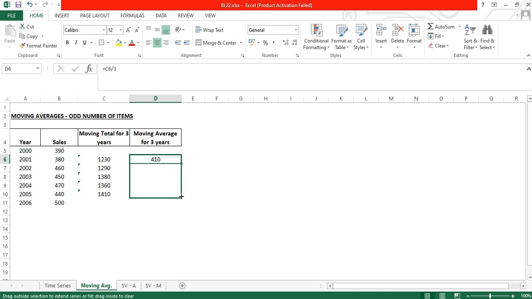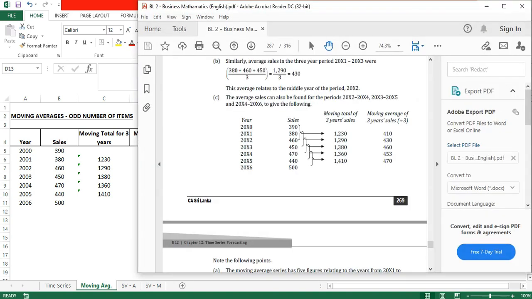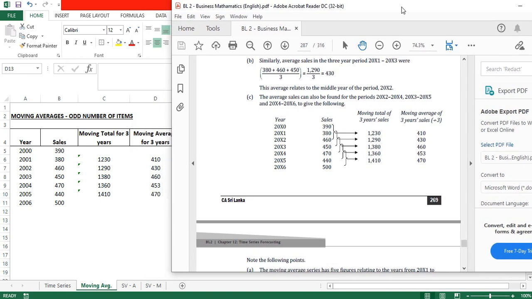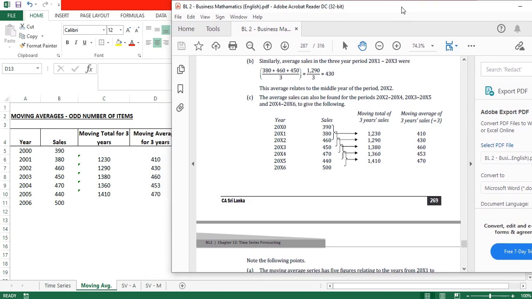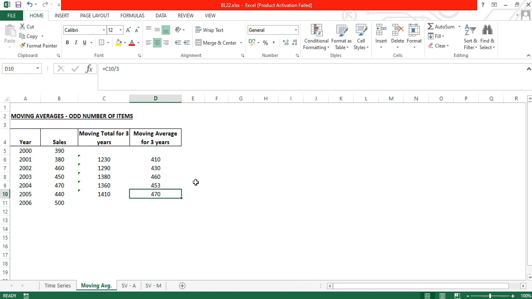So everything is divided by 3. This is how, so basically the answers are, hence you see this is all we need to do when calculating moving averages.